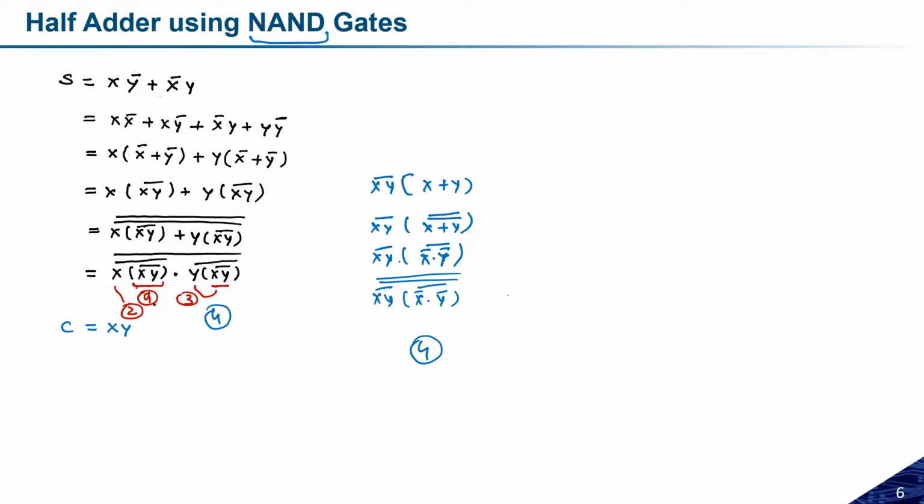You don't need to use x y bar 2 times. The single gate can give you the logic, so you can utilize it again. So first here, second here, third here, and fourth here. So this is the first case, and 4 is absolutely correct for the first one.